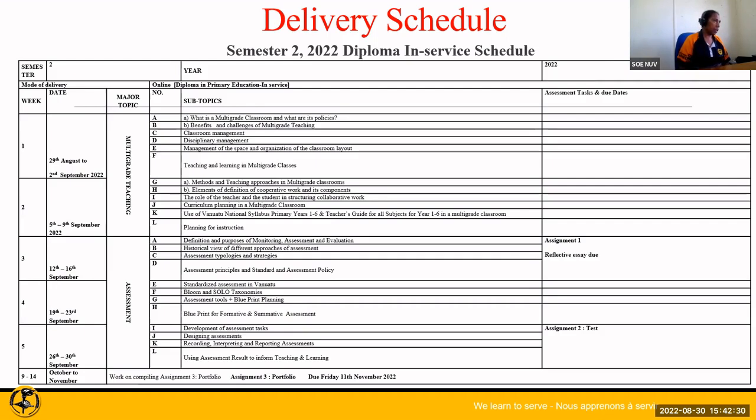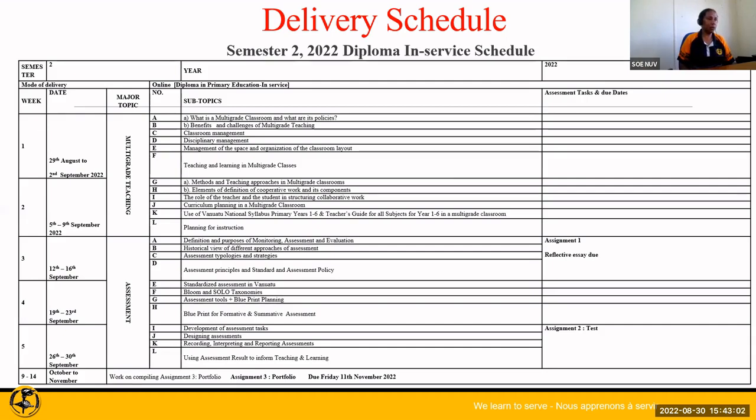So as you can see on the screen, what exactly are we looking at? This course covers only 2 major topics, and each one of them comprises 12 subtopics, which we will look at shortly. Also in this course, our first assignment, the reflective essay, is due in week 3, which is the 12th to the 16th of September.